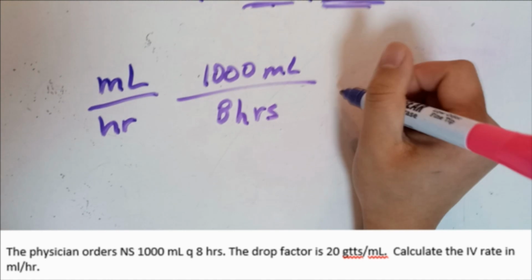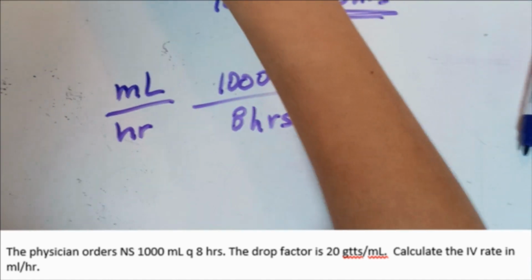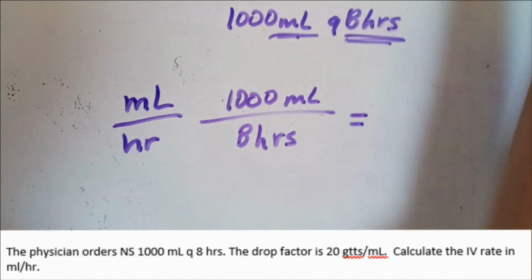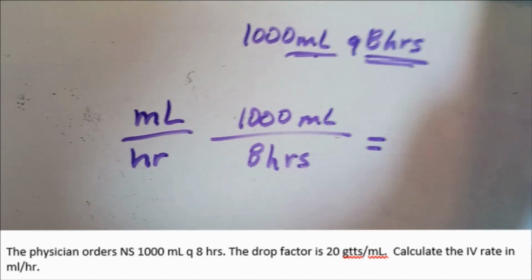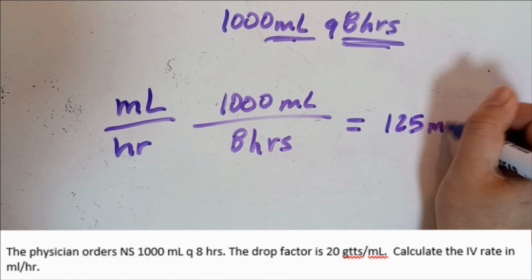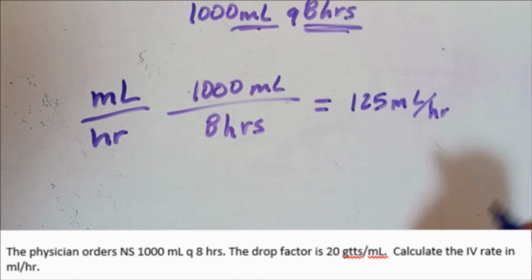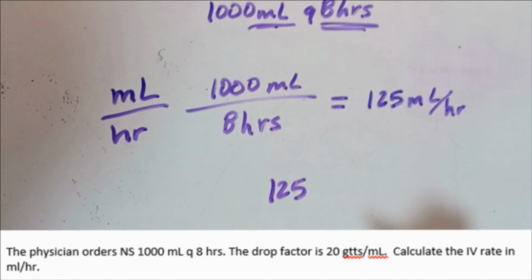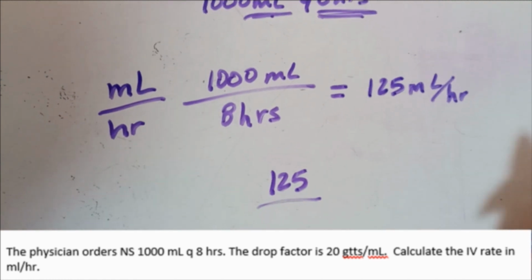That's simple. So now we solve it using our calculator. 1,000 divided by 8 is 125 milliliters per hour. But on the exam, I would just write 125, and that would be the answer.